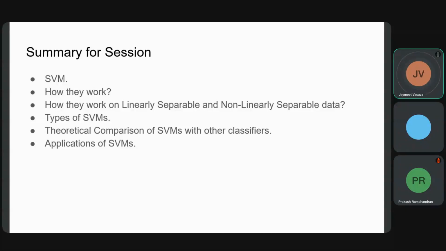Then we discussed different types of SVMs, linear SVMs and non-linear SVMs. Then in linear, we discussed hard margin SVMs and soft margin SVMs. And also we discussed support vector regressions, which were the extension of support vector machines.